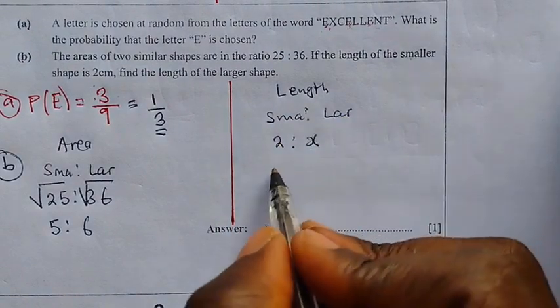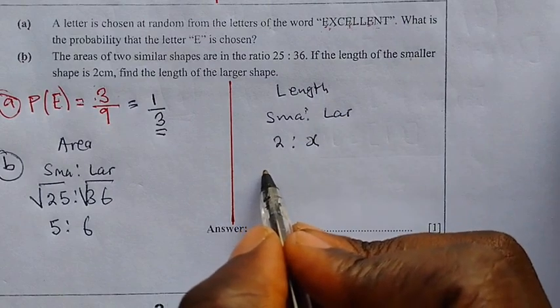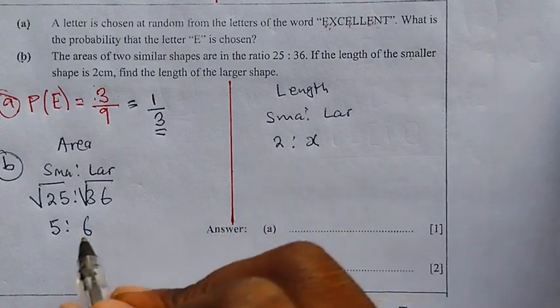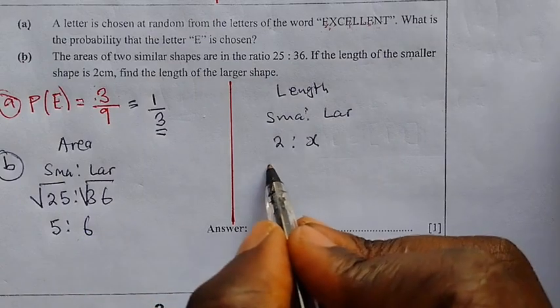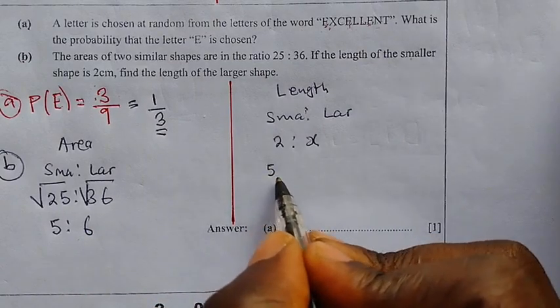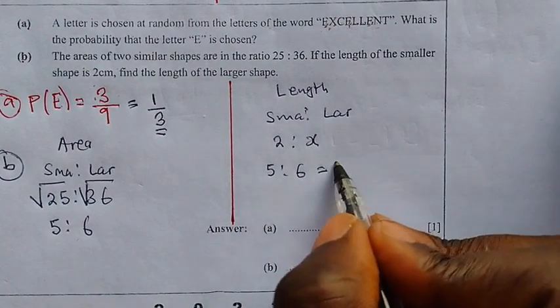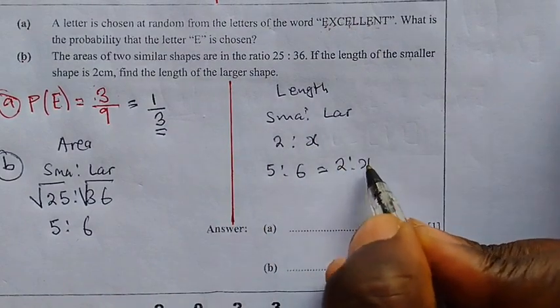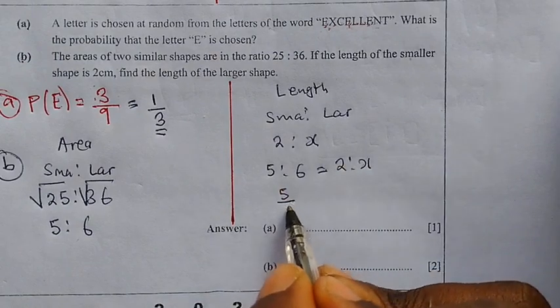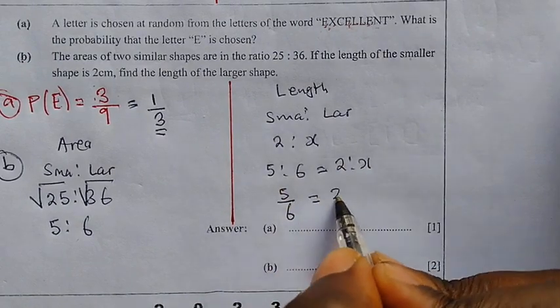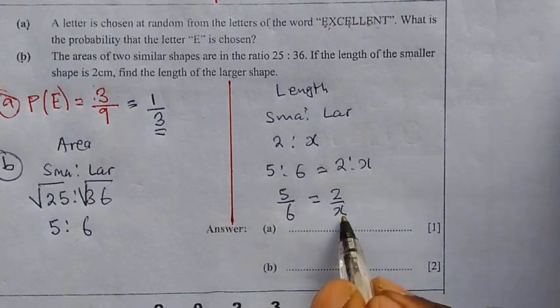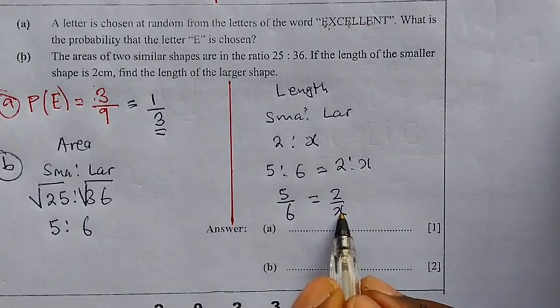So we are going to take the ratio, which is 5 to 6. We equate this to 2 to x. So we're going to say 5 over 6 equal to 2 over x. We need to find the value of x, which is representing the length of the larger shape.